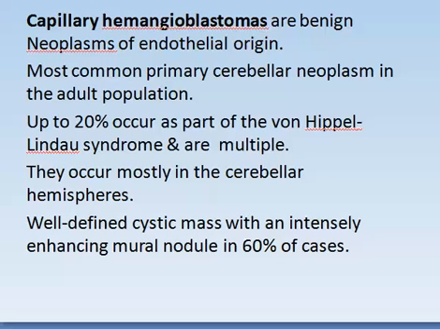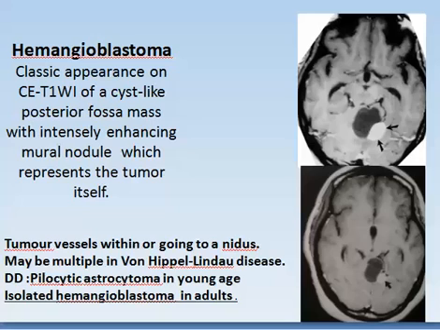They occur mostly in the cerebellar hemispheres, more lateralized, appearing as well-defined cystic changes with mural nodule, similar to astrocytoma but with different age. Here it is, mural nodule, classic appearance in contrast enhanced T1 weighted image, this one.